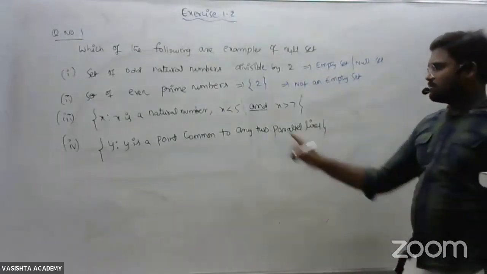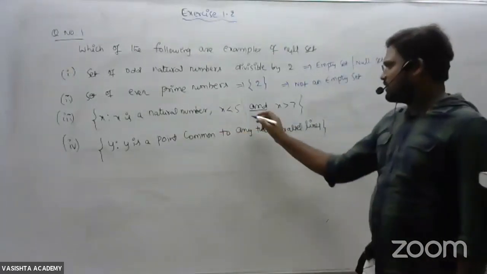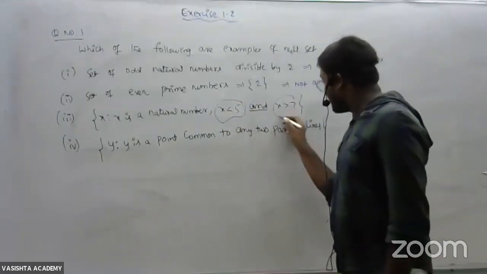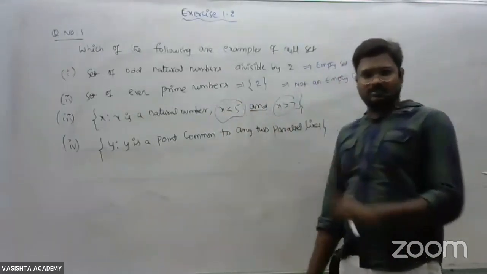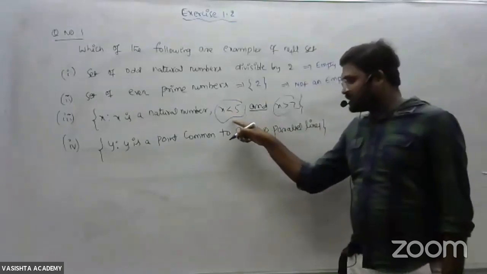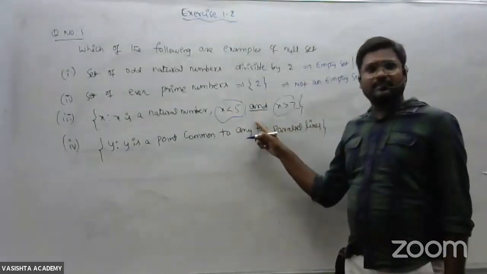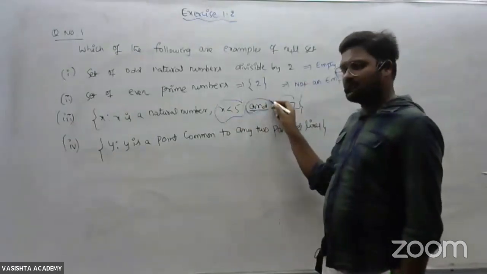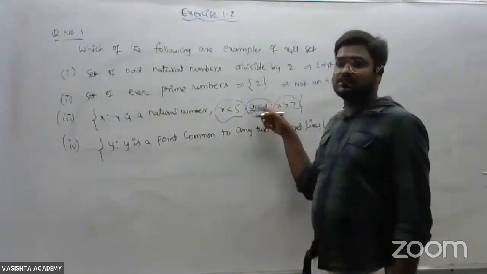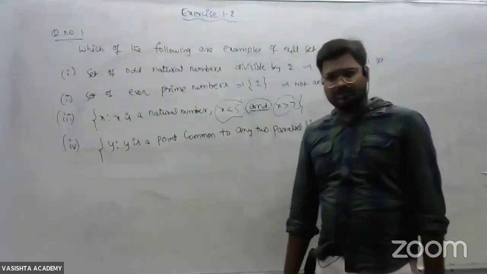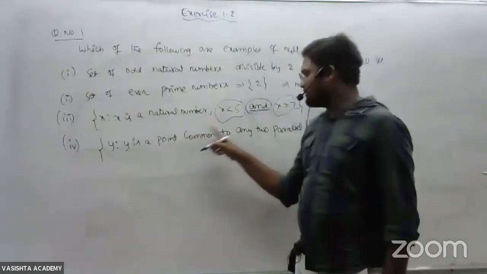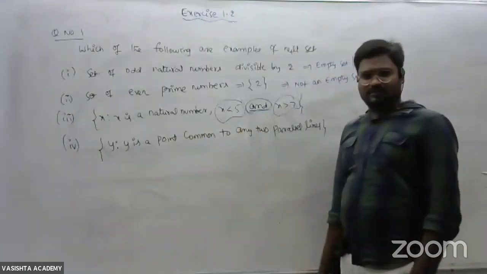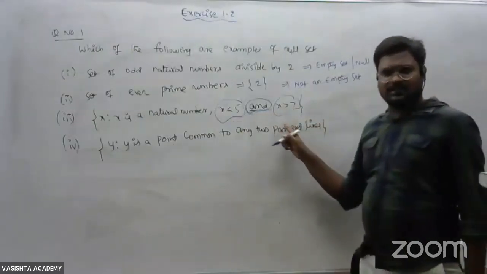Correct? X is a natural number which is less than 5 and greater than 7 simultaneously. That is, you need to take the intersection of these two. And means intersection. This phrase is important here. And, or. If it is or, then the answer would have been different. X is a natural number which is less than 5 and greater than 7. There, you don't get any common region for these two.